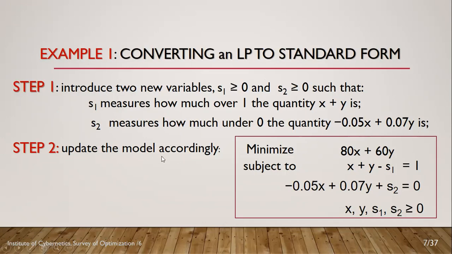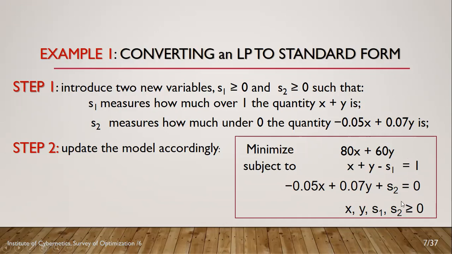At step 2, we update the model accordingly, and now we see that the objective function stays the same. The slack variable s sub 1 is added to the first inequality, and the inequality relationship is changed to equality, and the slack variable s sub 2 is added to the second constraint, and the inequality is turned into an equation.